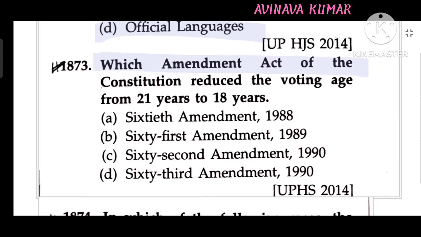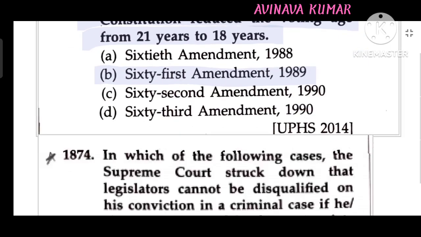Which amendment act of the Constitution reduced the voting age from 21 to 18 years? Answer: 61st Amendment Act, 1989.